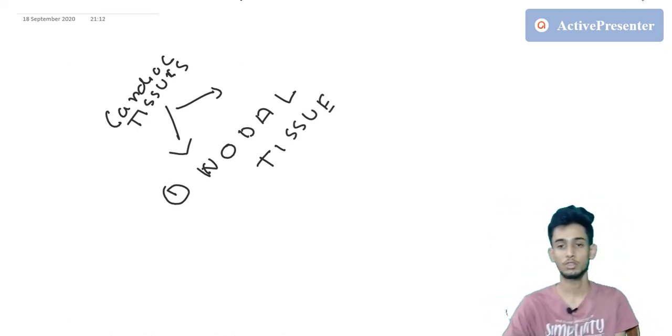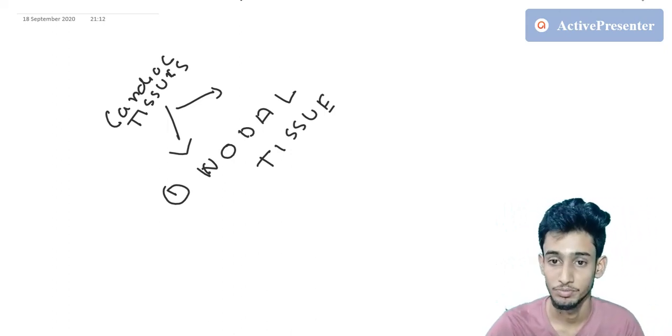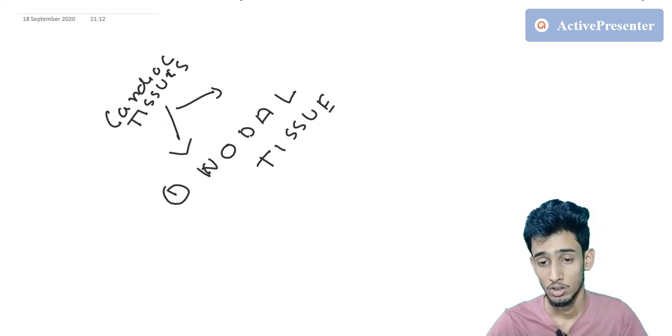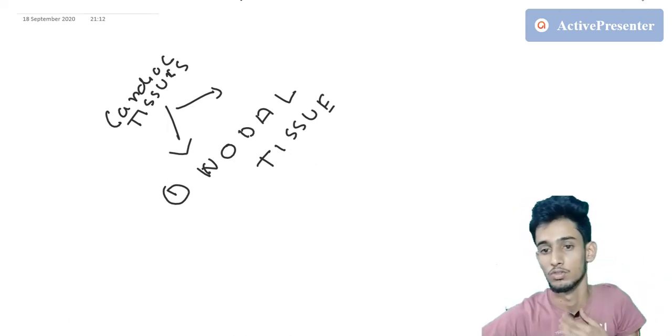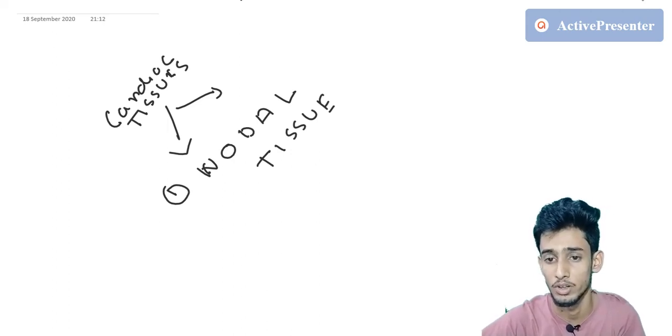Guys, these nodal tissues are responsible for the contractibility of the cardiac muscles. The nodal tissues are responsible for the cardiac impulse which is generated all throughout the time in our body.